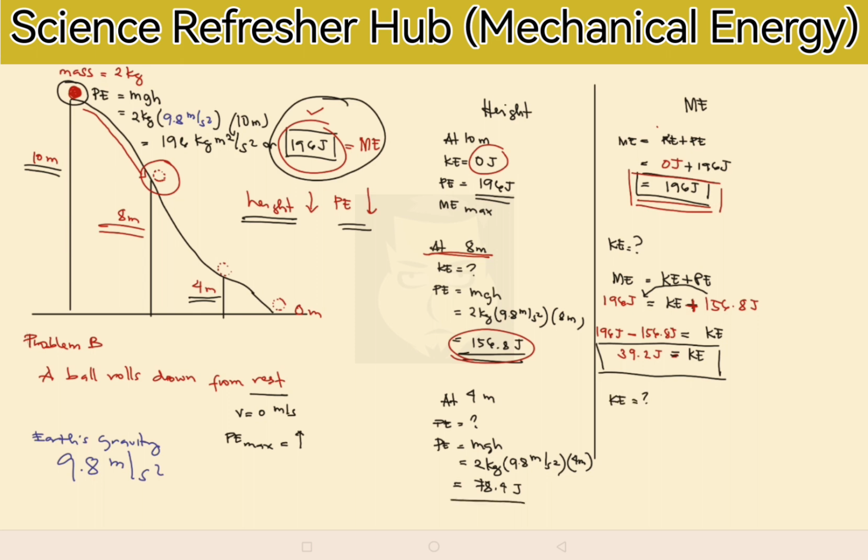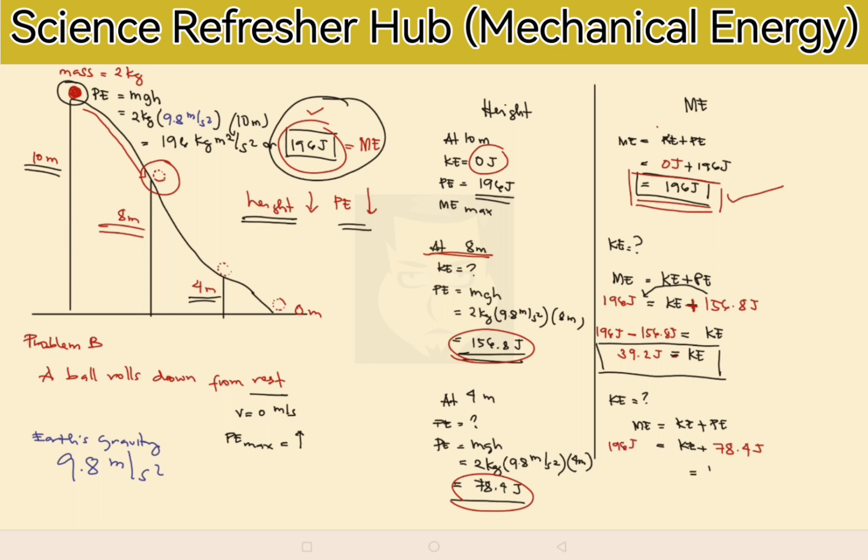at 4 meters. What will be the kinetic energy here? We will be using the same method as earlier. Mechanical energy is just the sum of KE and PE. So KE is unknown, but we have the value of PE at 4 meters, that's 78.4 joules. And we have ME, it's constant since we have a conservative force here. Our ME is going to be the maximum ME, so it's 196 joules.